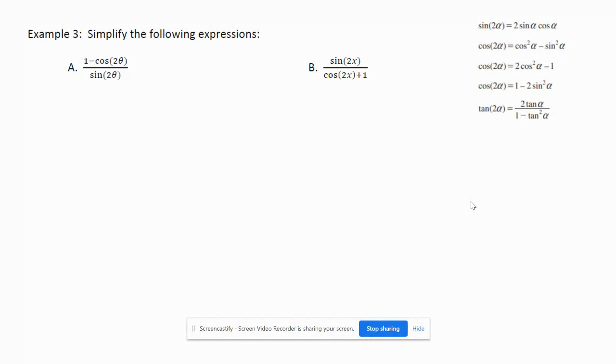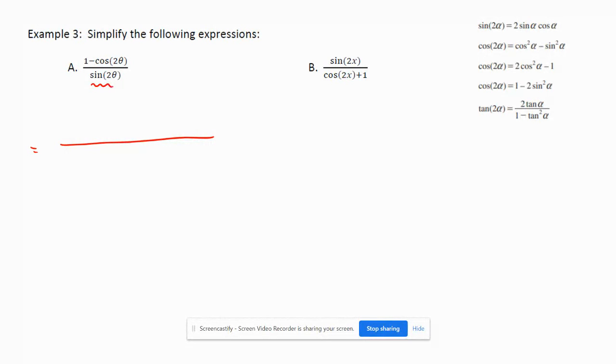All right, so we're starting to get into some more proof type questions. We use a lot of these identities in simplifying trig expressions or proving trig identities. So what we have over here is 1 minus cos 2 theta over sine 2 theta, and we want to make a simpler trig expression than this.